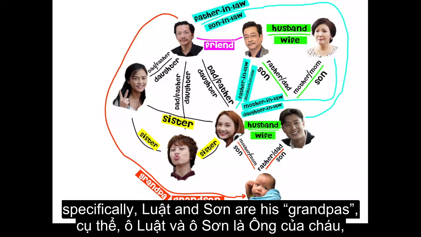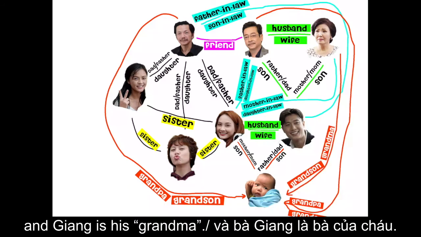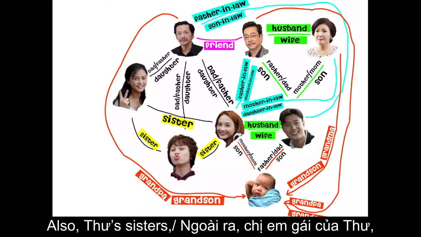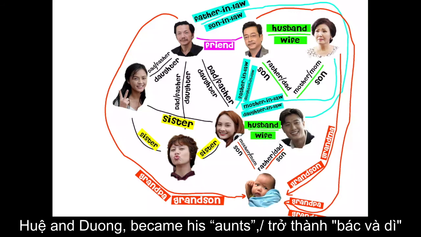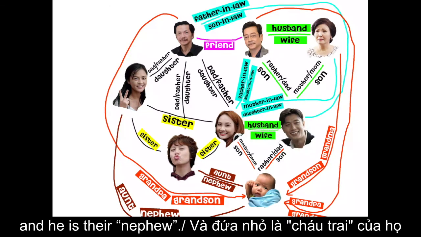Specifically, Luot and Son are his grandpas, and Giang is his grandma. Also, Tu's sisters, Huệ and Dung, become his aunts, and he is their nephew.